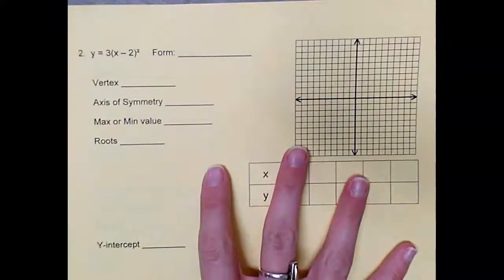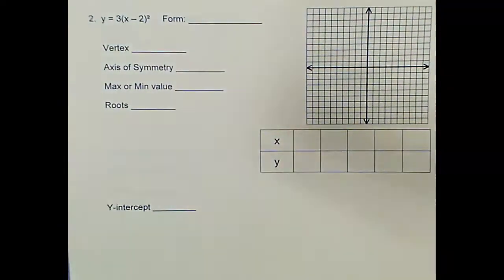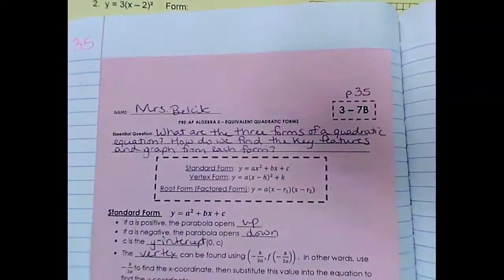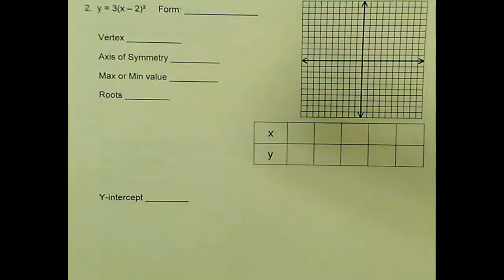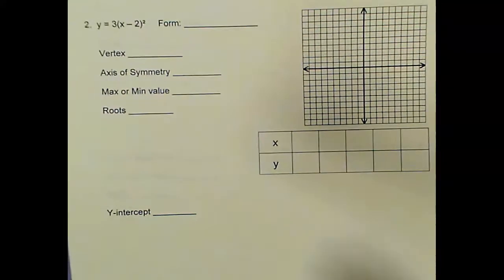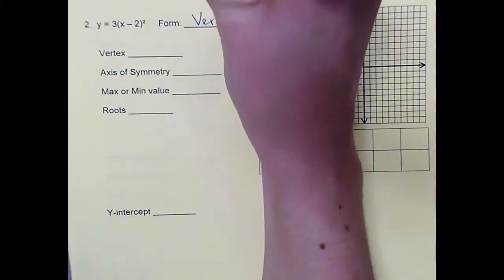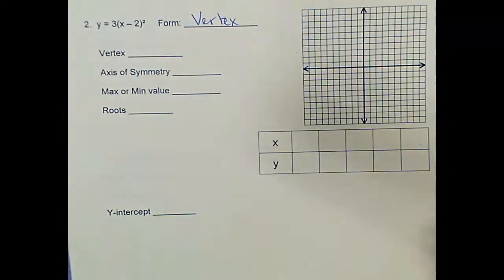So let's talk about number 2. Number 2, what form is that? I'm going to give you kind of the cheat sheet from the previous set of notes. What form is that? That's vertex form. One of the cool things about vertex form is that you can pick out your vertex, h comma k.